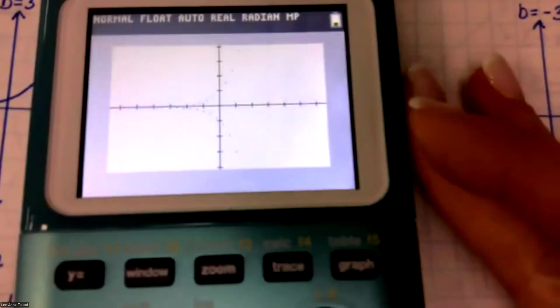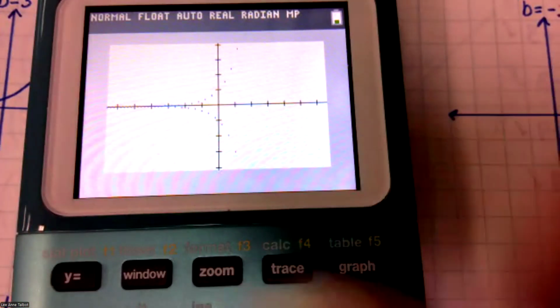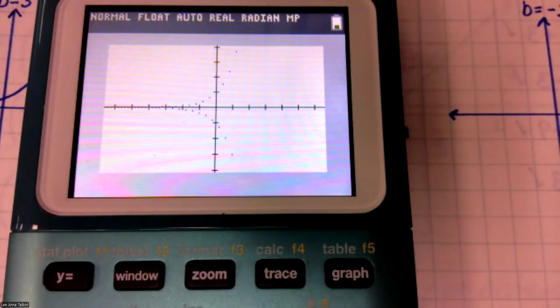It's just dots. But do you see, this is a much better picture than Desmos was able to do.